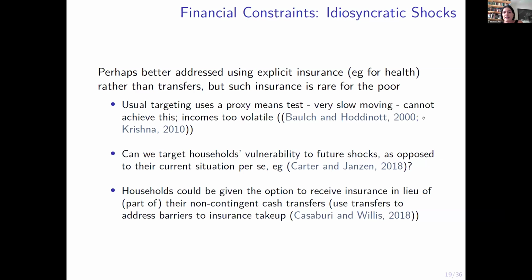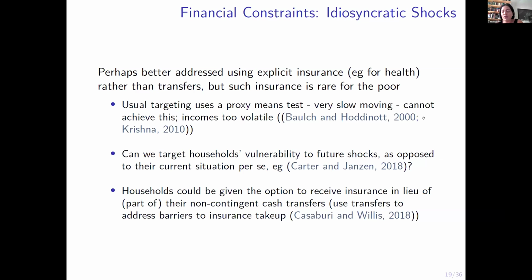The reality is that most of the cash transfers are targeted, as I mentioned in the Q&A and Paul mentioned earlier. There will be a lecture on targeting, so we're not going to cover targeting today, but it does use some measure of a proxy means test or a wealth measure or a poverty measure. And these can be very slow moving and not collected frequently enough to pick up shocks, right?